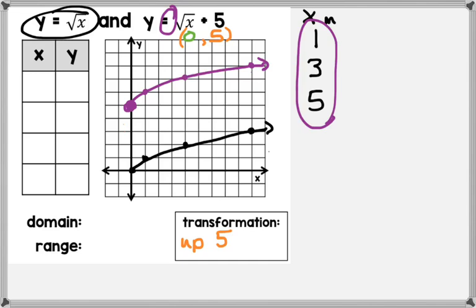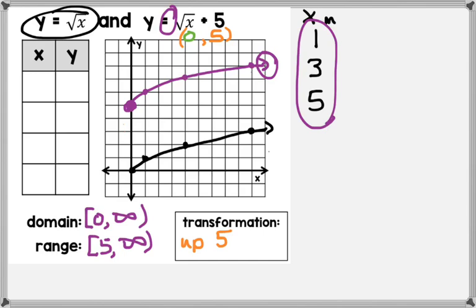There was nothing to the left of that, so our domain starts at 0. This arrow tells us we go on forever, so that's positive infinity. Our range, our lowest y value, we start at 5, and we go up to positive infinity. So left to right for domain, down up for range.